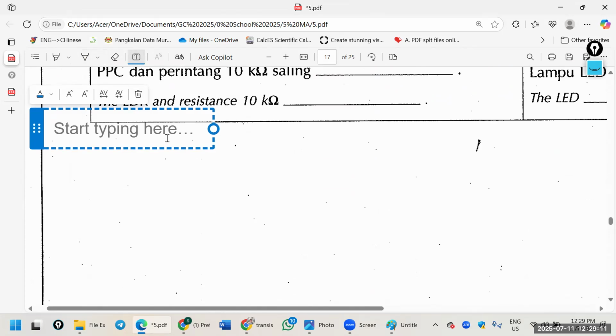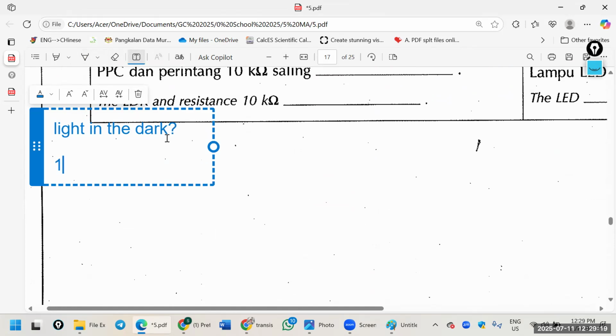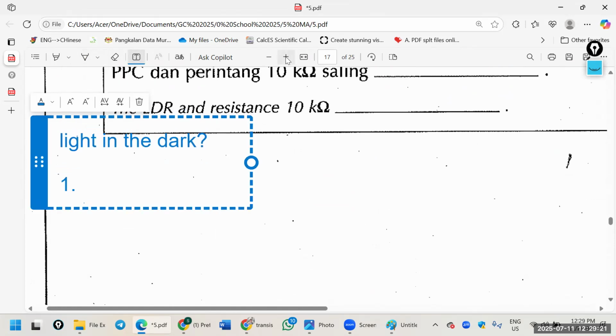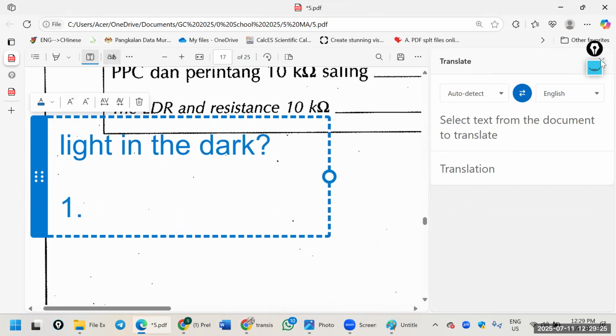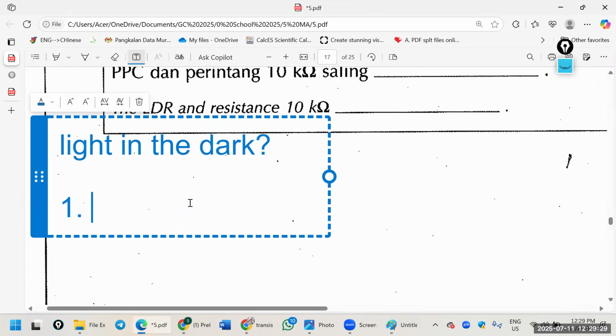Okay, how is it like in the dark? Light in the dark. Number 1, because LDR in the dark means high, right?